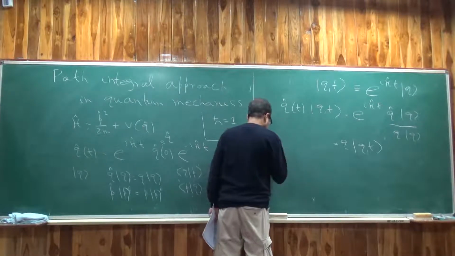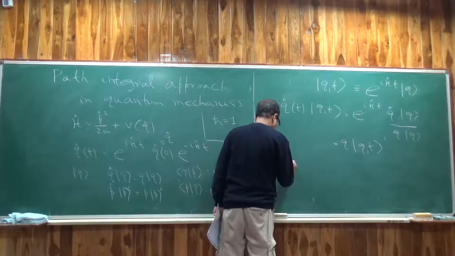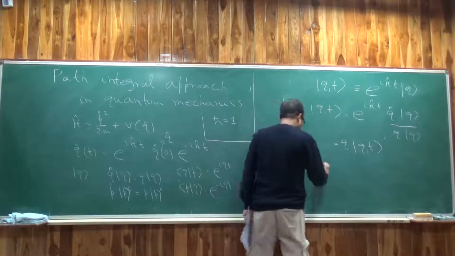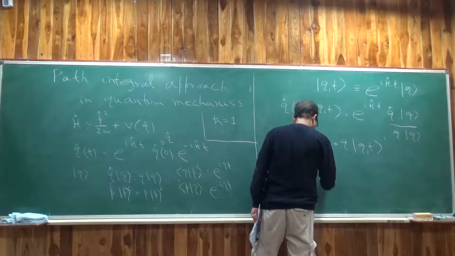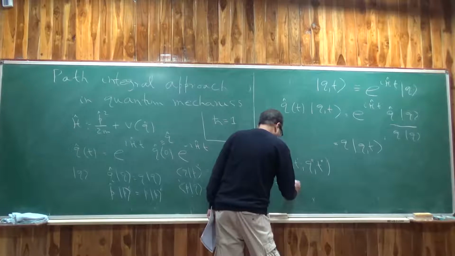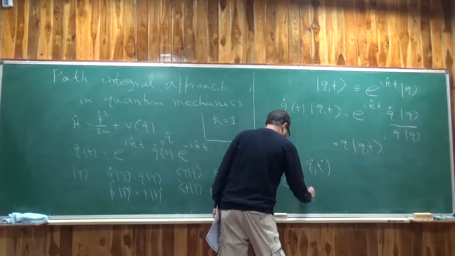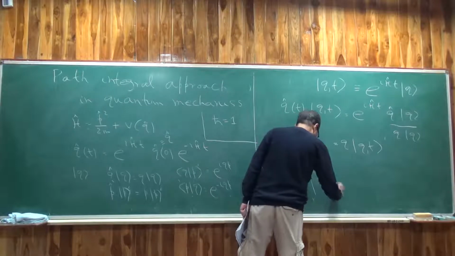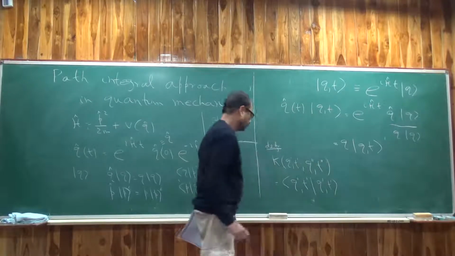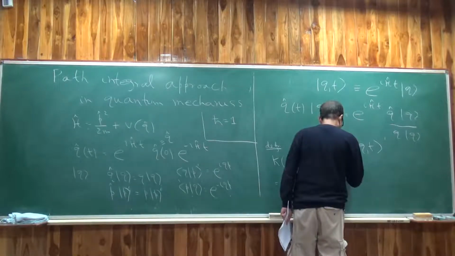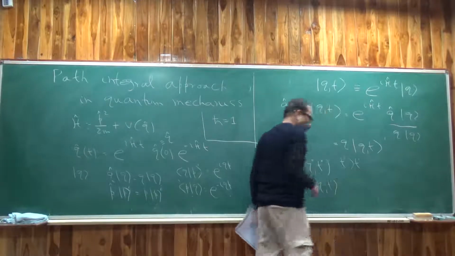Another definition: ⟨q'',p'',t''|q',p',t'⟩ will be defined to be the state |q'',t''⟩ with |q',t'⟩. We'll take t'' to be larger than t'.